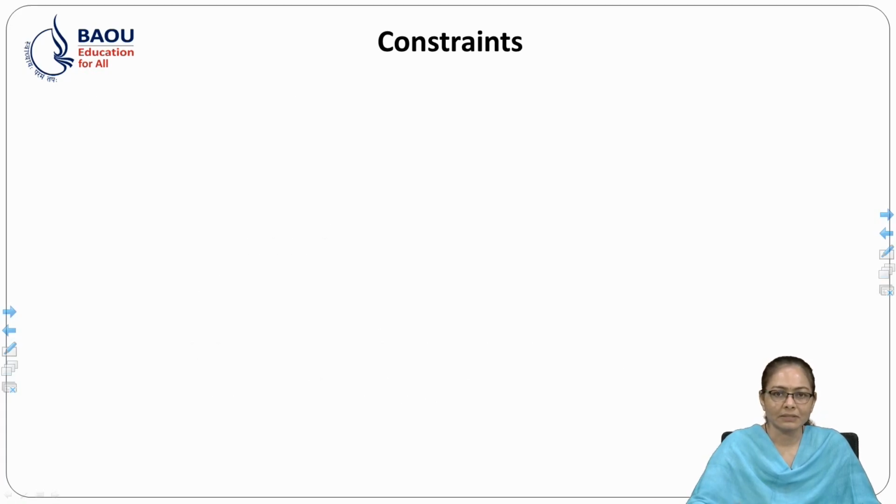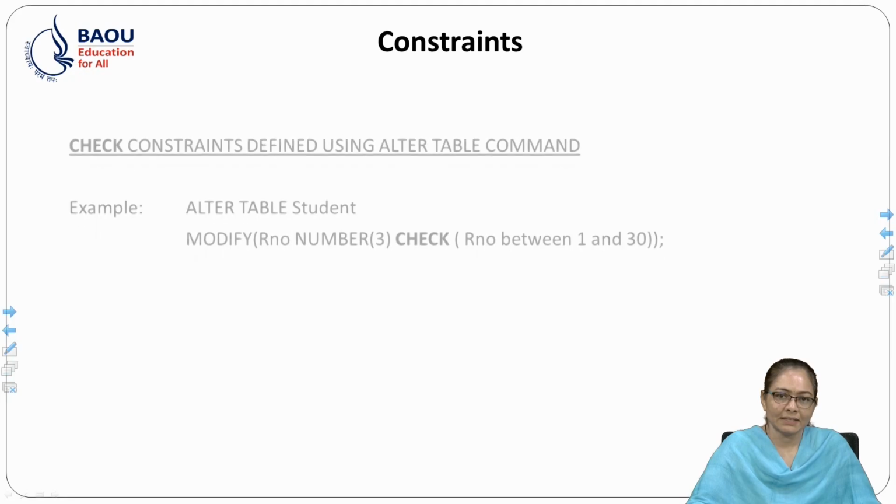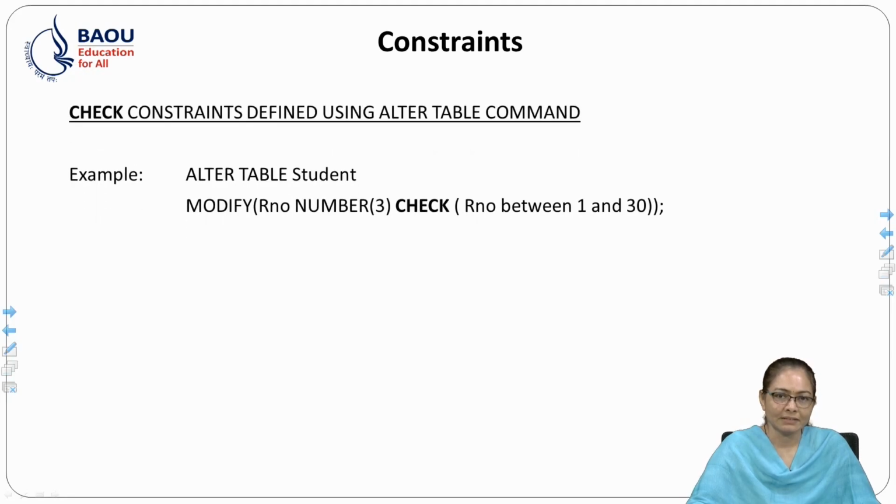Now the next one, the check constraint is defined using the alter table command. For example, alter table student, modify the roll number, then number, then check constraint in the bracket roll number between 1 and 30.